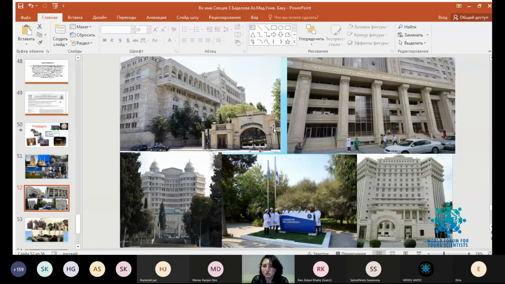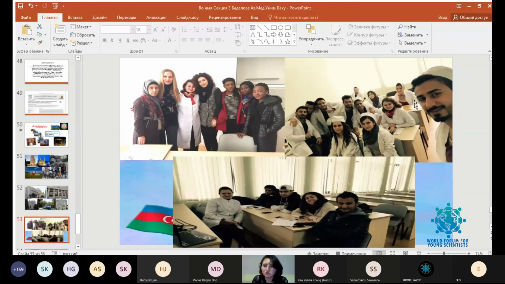This is Azerbaijan Medical University, where I work. We have several buildings. They are my students from different Muslim countries, from Iran, Iraq, Algeria, Palestine, Syria, Sudan, and others.